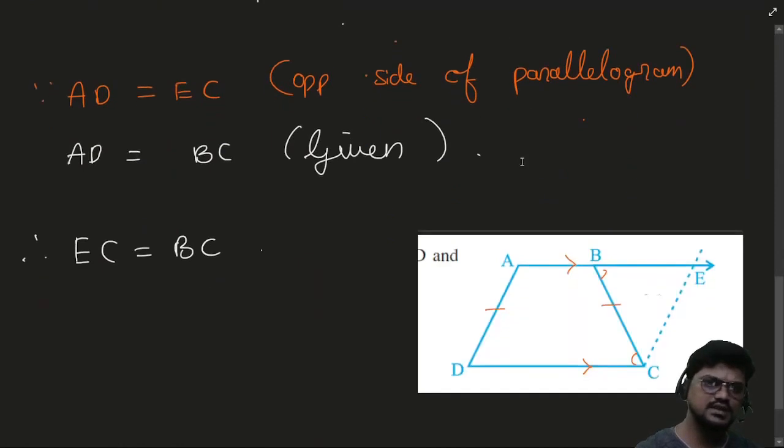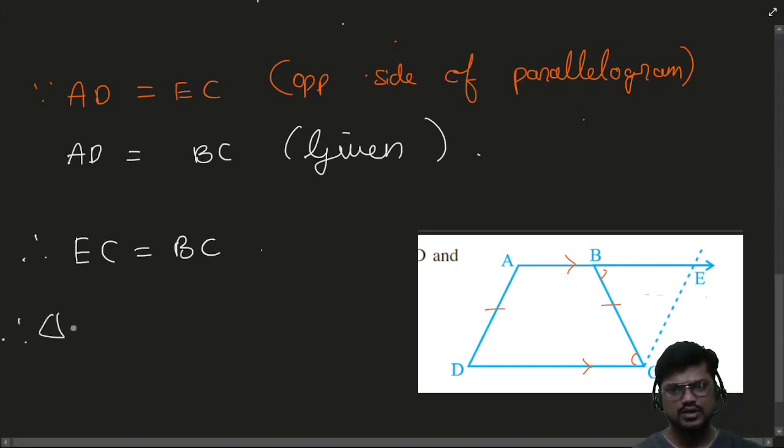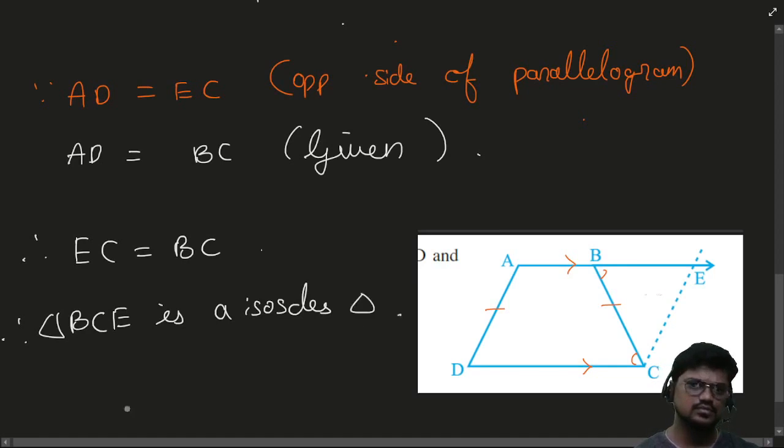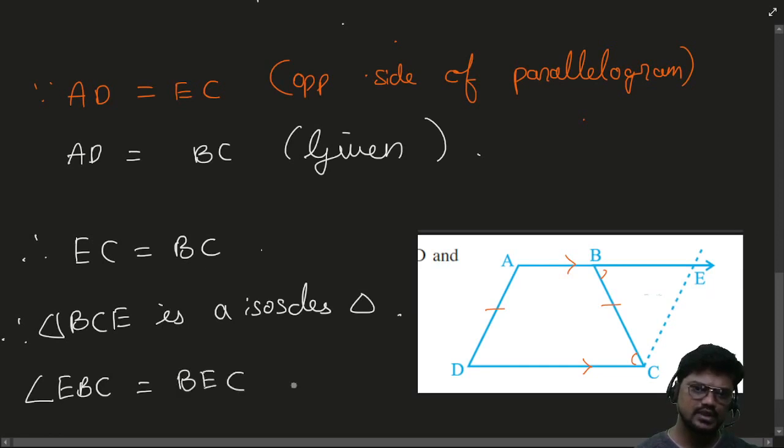So if EC is equal to BC, therefore triangle BCE is an isosceles triangle. If it's an isosceles triangle, angle EBC is equal to angle BEC. Let's keep this as 1.